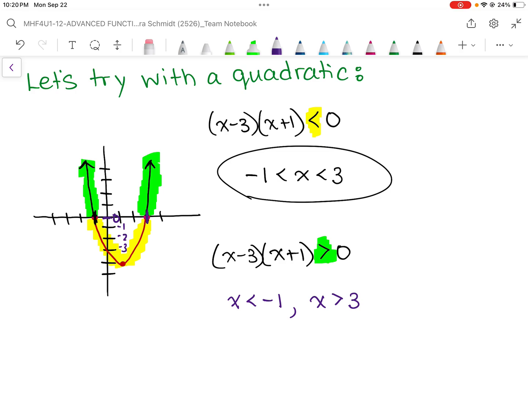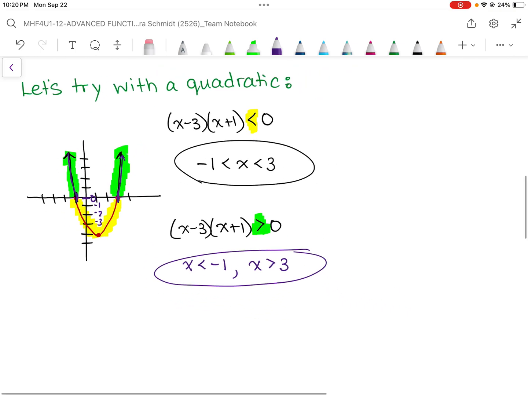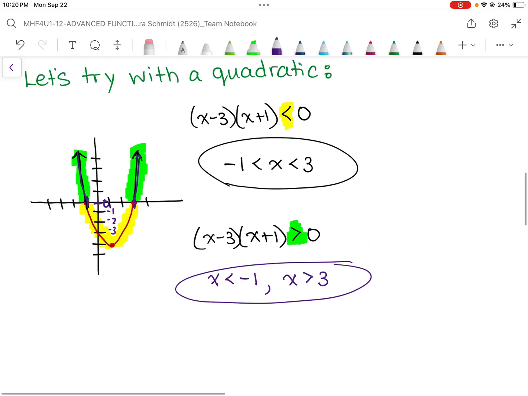So here's where x is 3. So anytime it's greater than 3, and anytime x is less than -1. So those would be our 2 answers for if it asked us if it was greater than 0. And then the other way you could solve this, actually no, I'm just going to stick with graphs for this video.